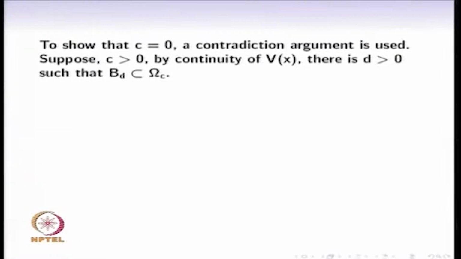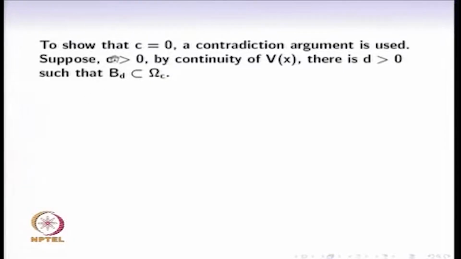So suppose c is greater than 0, then by continuity of the function v of x, like we had proved in the stability case, there is some d greater than 0 such that the ball B_d is contained inside the set omega c.